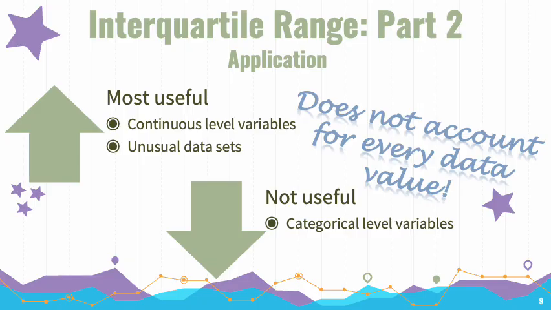While the interquartile range is an overall improvement from the general range, the interquartile range still has a significant limitation in that it does not account for every data value within the data set.